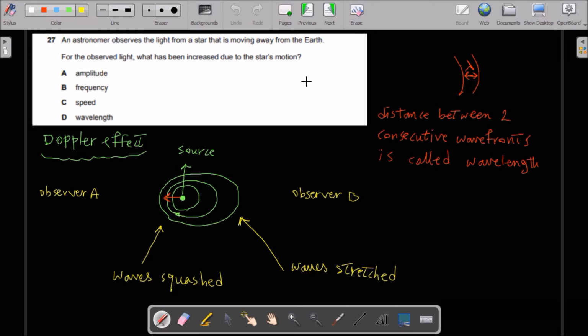So for observer A wavelength will decrease, and for observer B wavelength will increase. That's why for this question, for the observed light, wavelength will increase. Question 27, D is right.